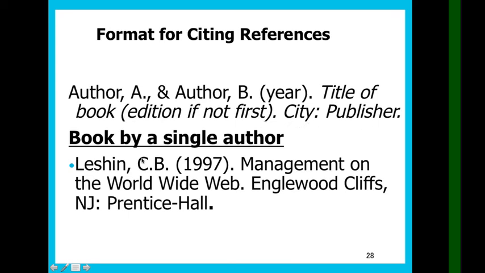So, we have an example, a book by a single author: Leshin, C. B. So, ibig sabihin, this is the name maybe, and then this is the middle initial, and then we have the year 1997, and then the title of the book, Management on the World Wide Web. Englewood Cliffs, NJ, that's the city, and then the publisher is Prentice Hall.